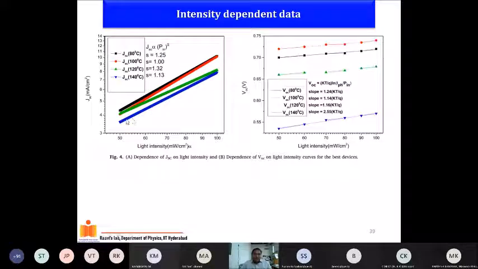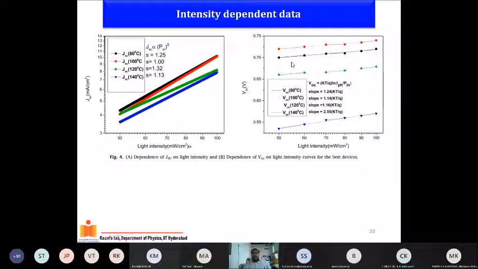In this figure, we have taken the JSC and VOC and plotted them as a function of the different input intensity bias. This plot is for JSC as a function of P to the power S, where P is the input intensity, and VOC is plotted as a function of kT/q ln(I_ph/K_p_ph).